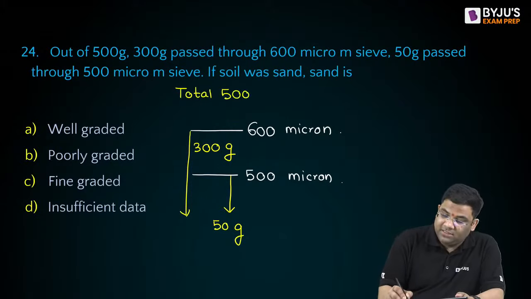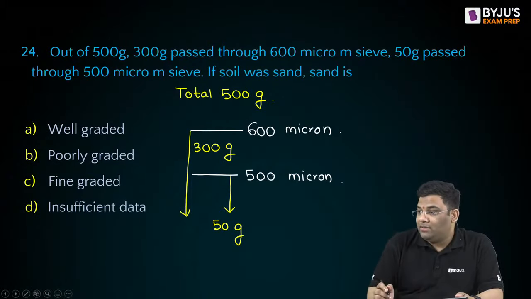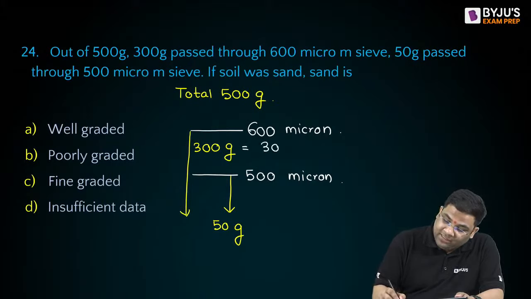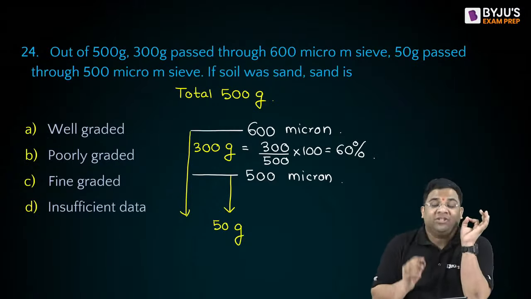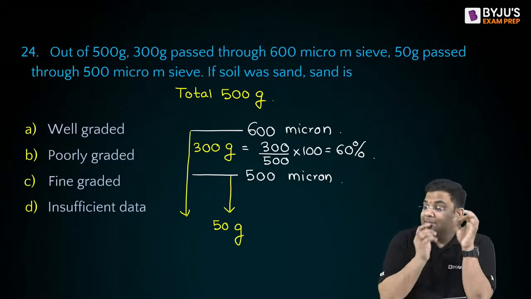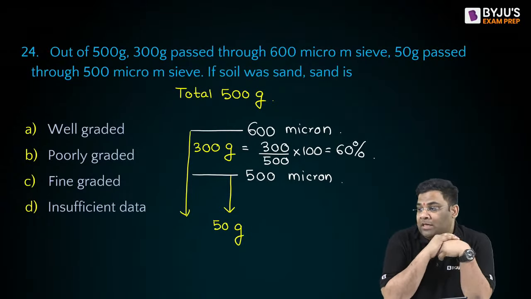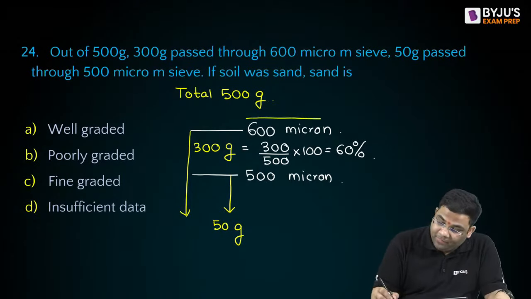Now tell me, this 300 gram is what? Rajesh answered. This 300 gram is actually 300 by 500 into 100, that is 60%, right? If 60% is passing through some size, that is known as what? Now tell me, what is this size?